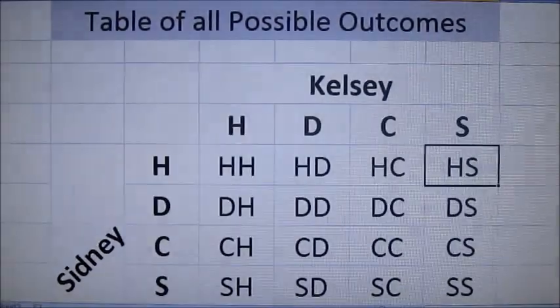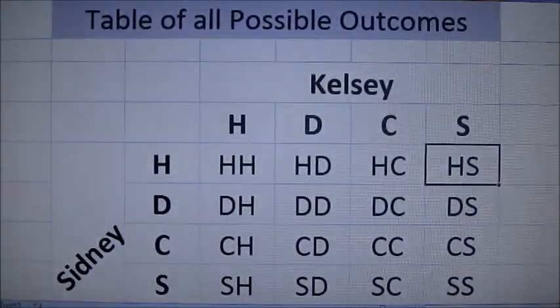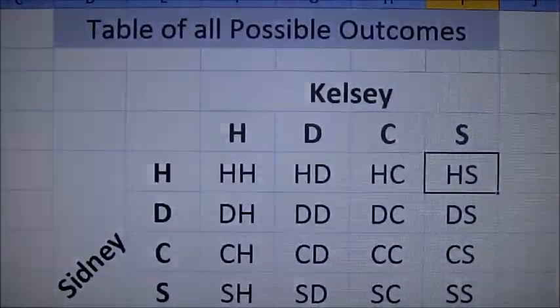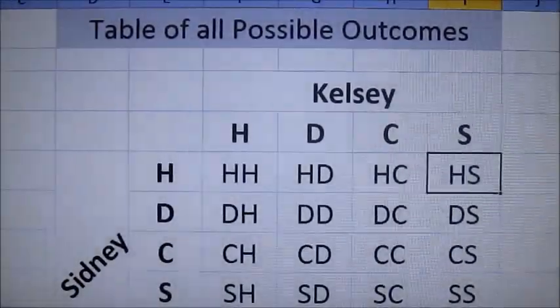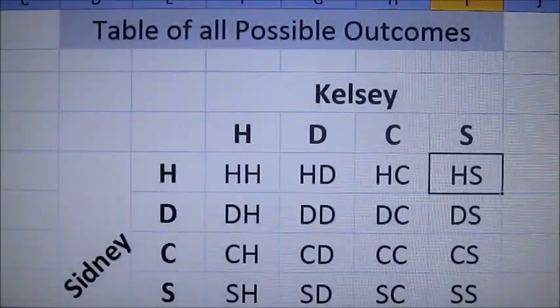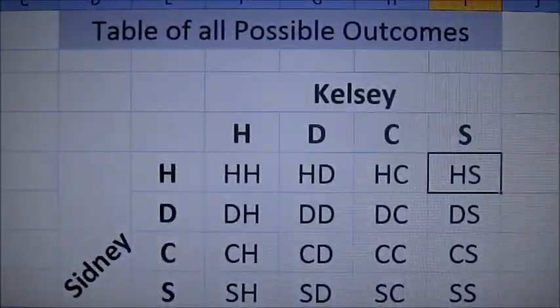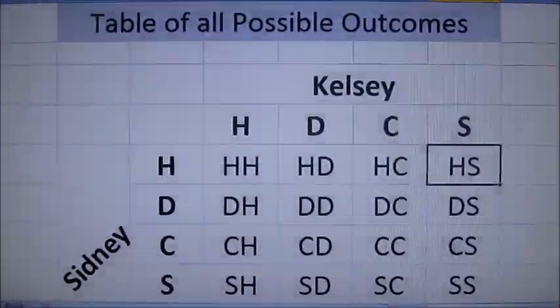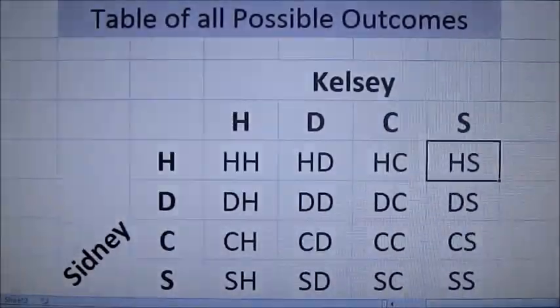You can also create a table that shows all of the possible outcomes. This table, for example, shows all of the possible cards that Kelsey could possibly turn over. H standing for heart, D for diamond, C for club, and S for spade, and likewise for Sydney to the left.